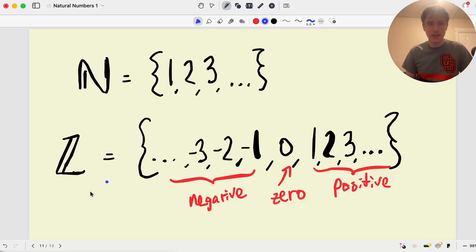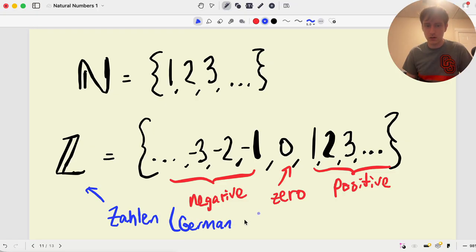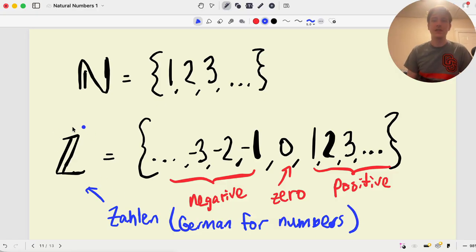The reason that it's called Z has to do with the fact that it's from the German word Zahlen, which is German for numbers. I do think it's a little interesting that we use a Z to represent this system, and we also use a Z to represent 0.